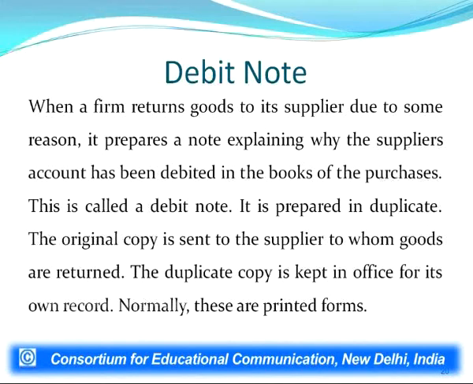It is a memo or memorandum type document which is sent to the supplier together with the goods returned, and so we are informing him that we have debited your account, so we call it a debit note.